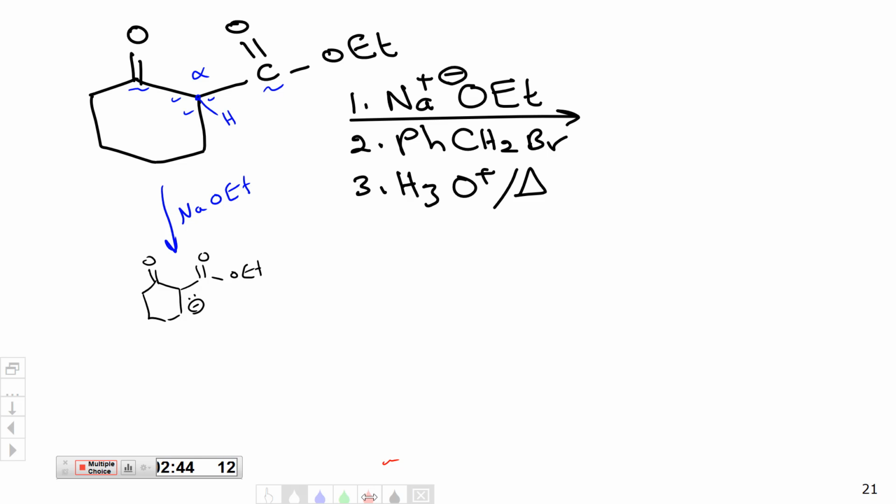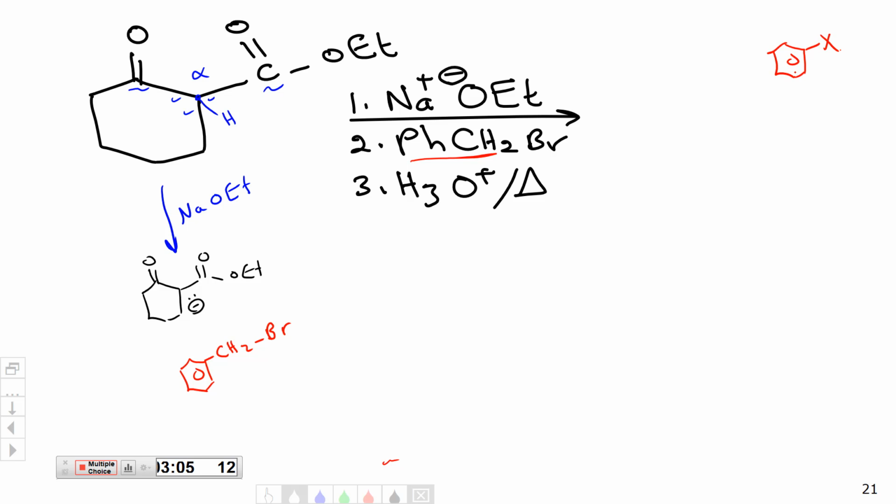So the next step is adding this benzyl bromide. So this is Ph, the benzene ring, CH2Br. Is this part of the limitation, a benzyl? No. The phenyl is. If the halide is directly connected to the benzene ring, it is.